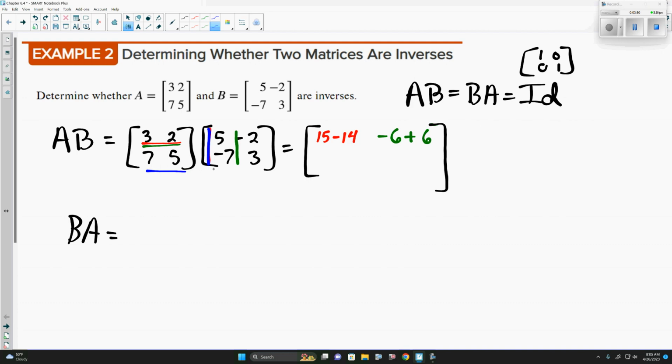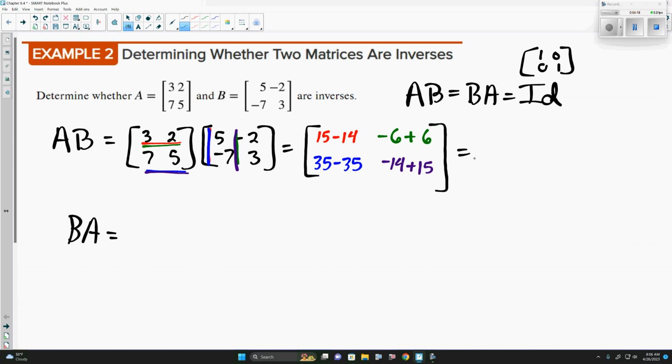Second row, first column, 7 times 5 is 35. Plus 5 times negative 7 is negative 35. Well, I think this is still working out well. And our last one, second row, second column, 7 times negative 2 is negative 14. 5 times 3 is going to be plus 15.